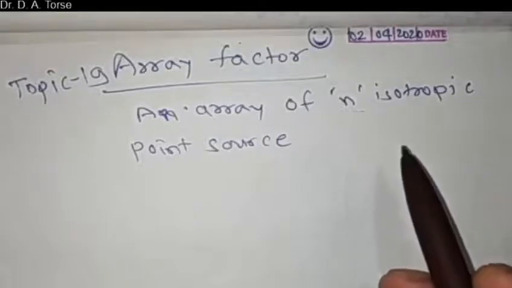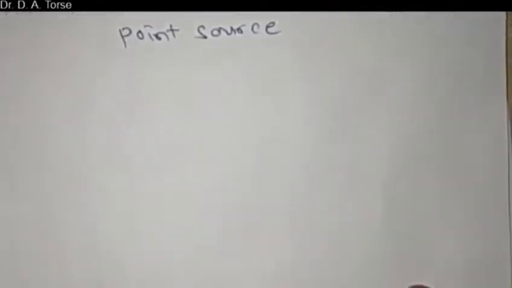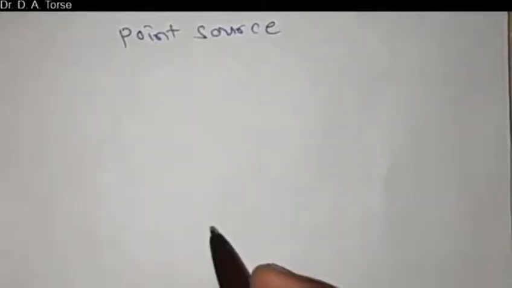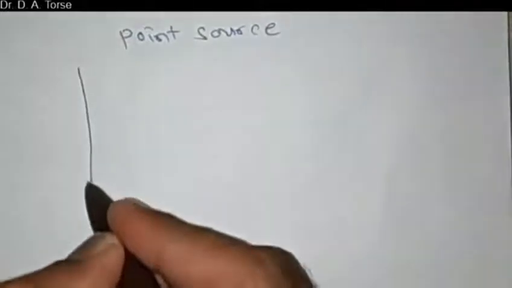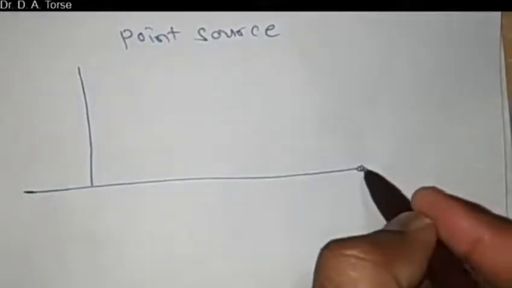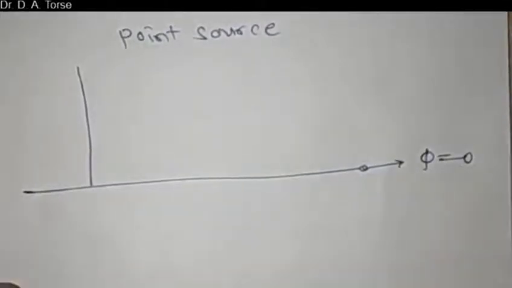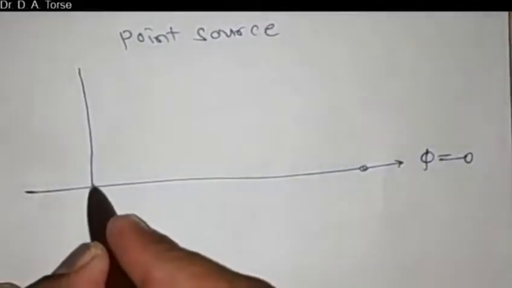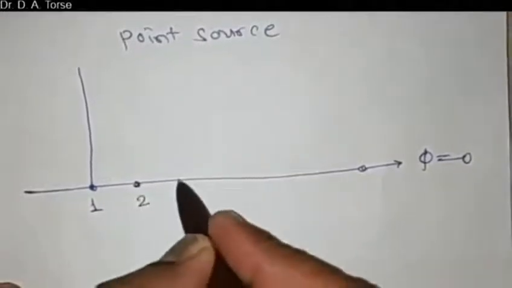I will show you the diagram first, or the arrangement of a linear array of n isotropic point sources of same amplitude. So we have an axis on which all these elements are placed. This is in the direction of phi equal to 0. There are 6 elements placed at an equal distance.